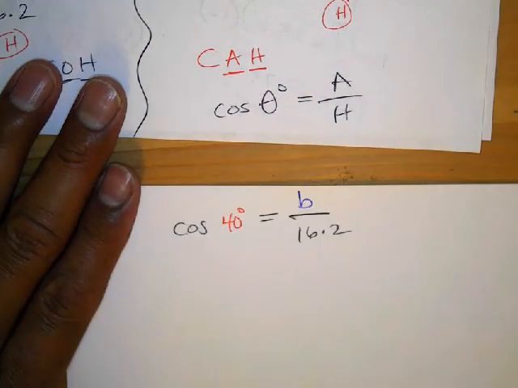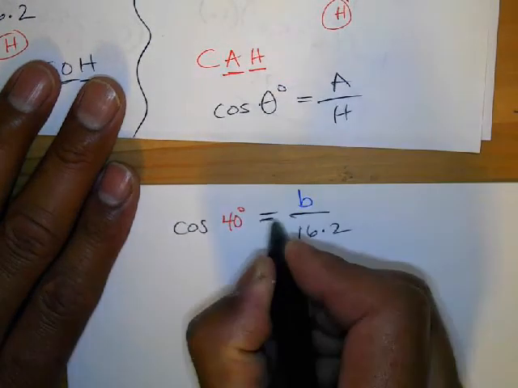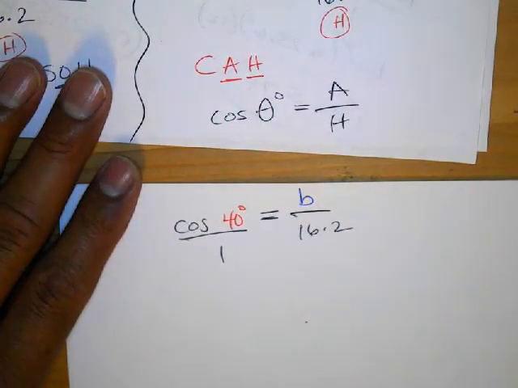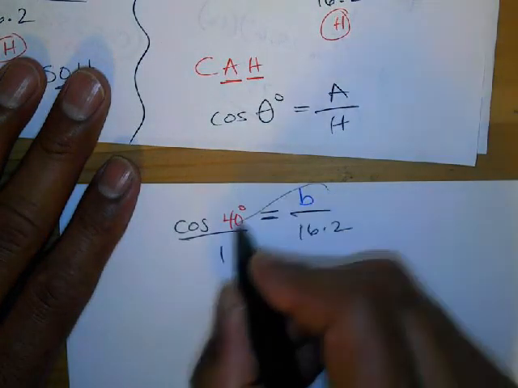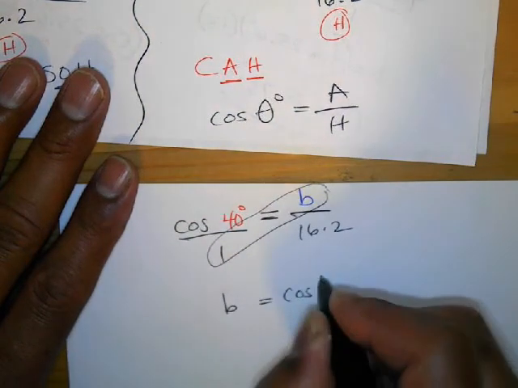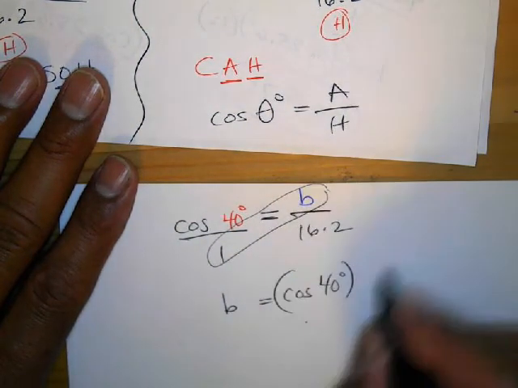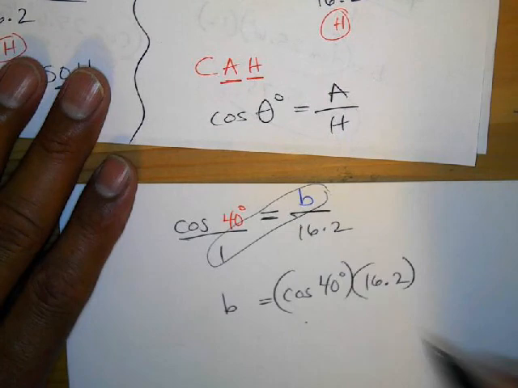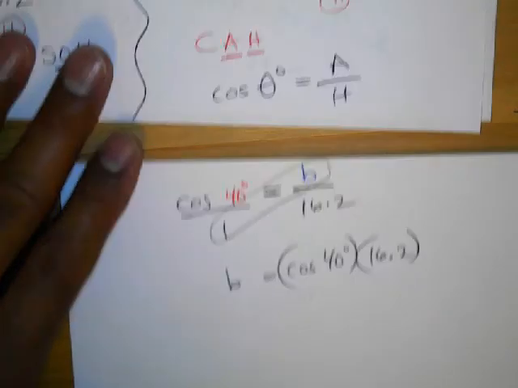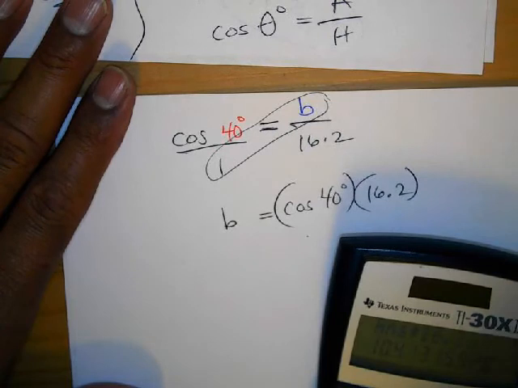This was just like before in the other assignments. We're going to use proportions, right? We put a 1 under here, and we cross multiply to solve this proportion. And again, we get 1 times B. We get B is equal to cosine of 40 times 16.2. And that was pretty straightforward too, huh?